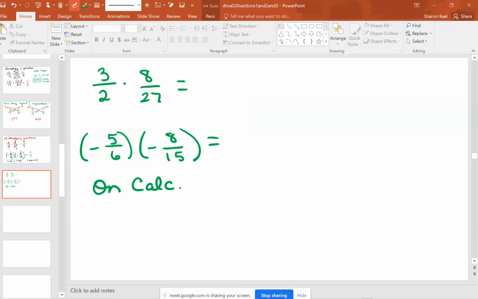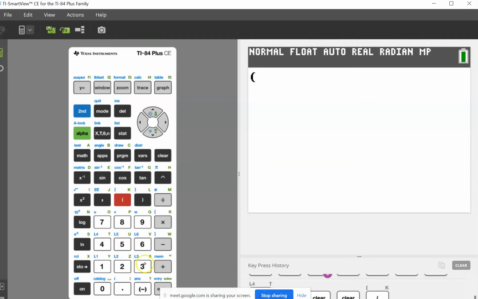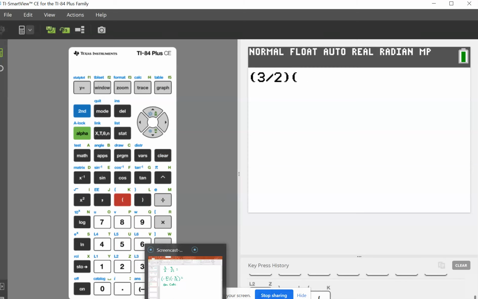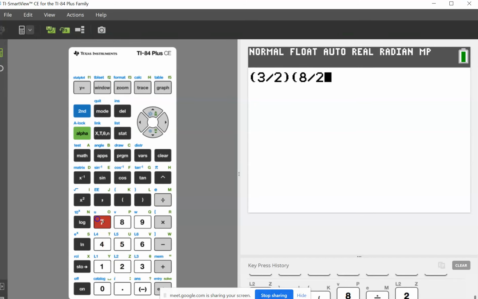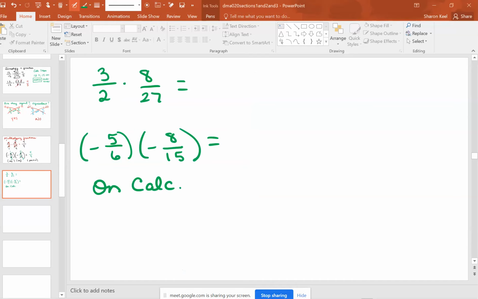Our problem was, let's start with the 3 halves. I would do parenthesis, 3 halves, and then I would do another parenthesis because I'm going to multiply it by 8/27. Close your parenthesis. So you may type it literally with those in parentheses: parenthesis 3 divided by 2, close parenthesis, left parenthesis 8 divided by 27, close parenthesis, and then you press enter.